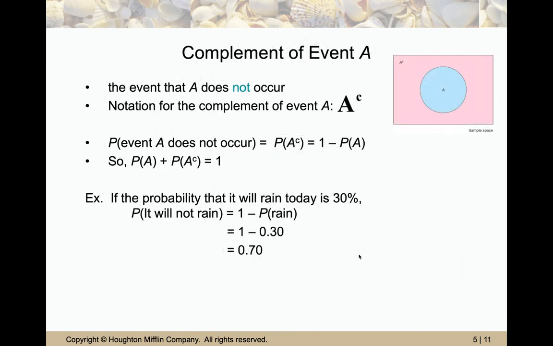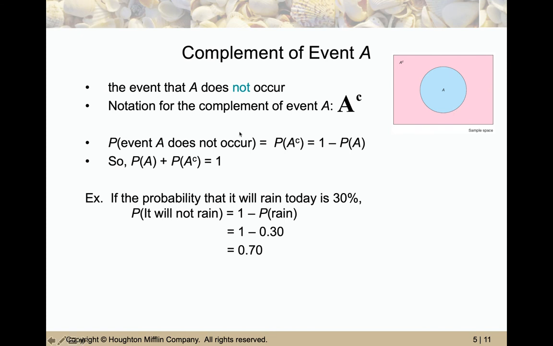A complement of an event is the event that it does not occur. So here's a Venn diagram. If what's represented in the blue circle is event A, everything else on the outside of it, all of this pink area, is the complement.